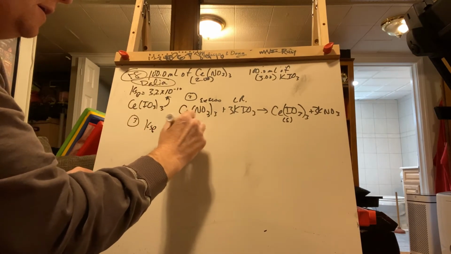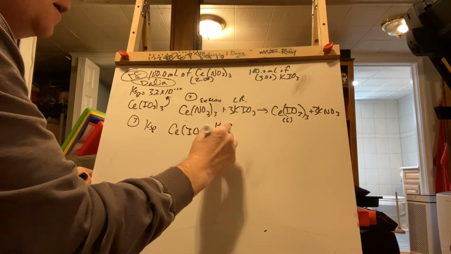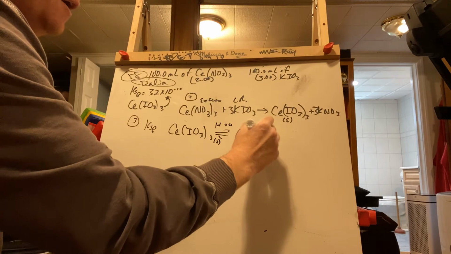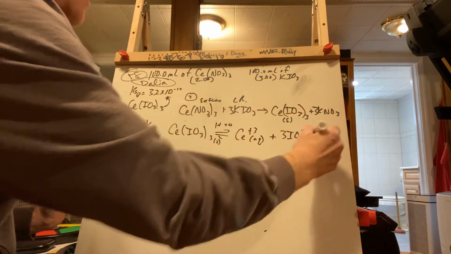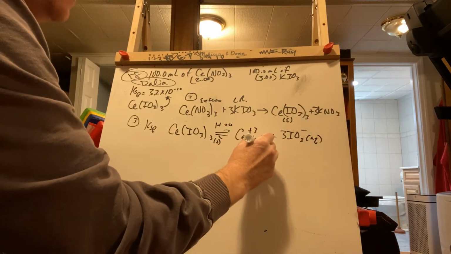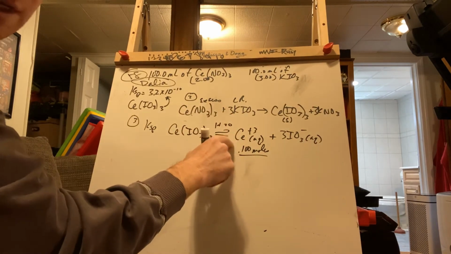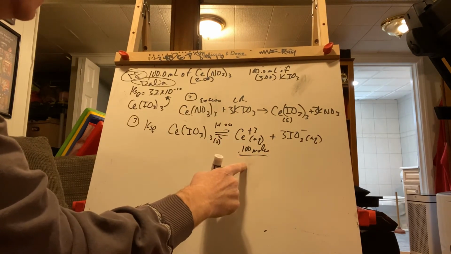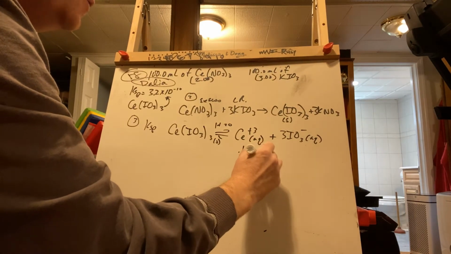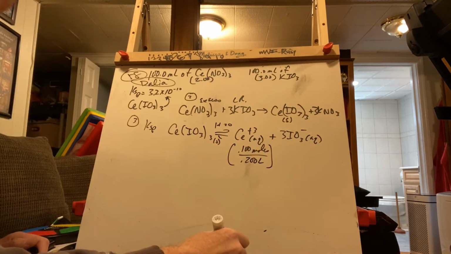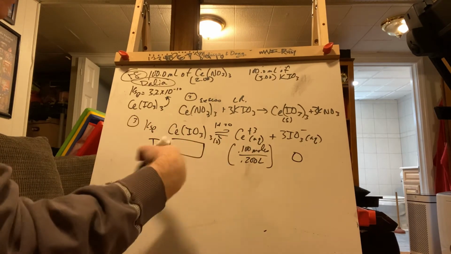So we're going to go CeIO3 solid gives us Ce3+ aqueous plus 3 IO3 minus, and remember that number was 0.100 moles of CeNO3, but really it was just the Ce. And then our volume is 100 plus 100, so that's 0.2 liters. Now we're going to do our Ksp problem.